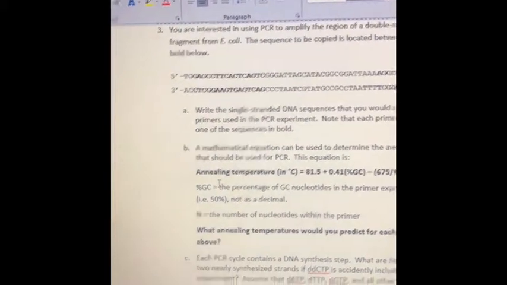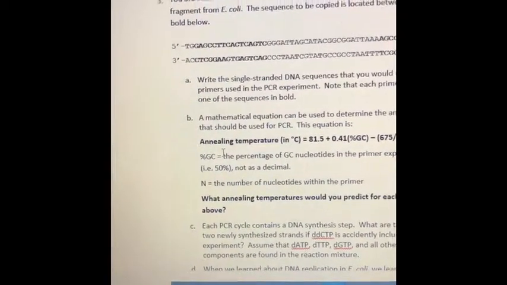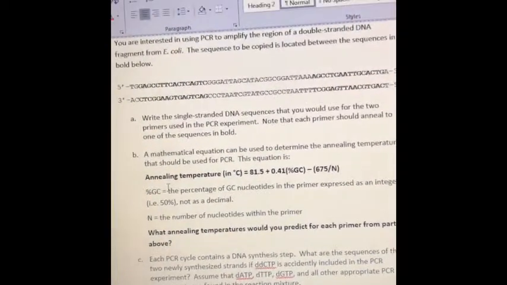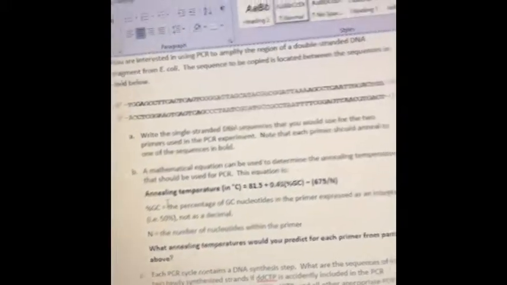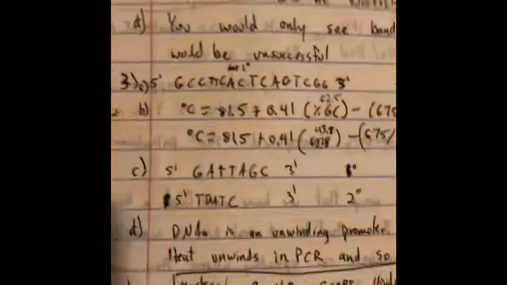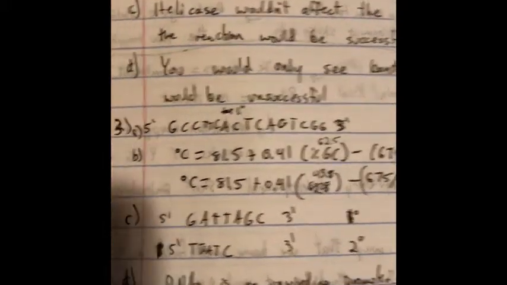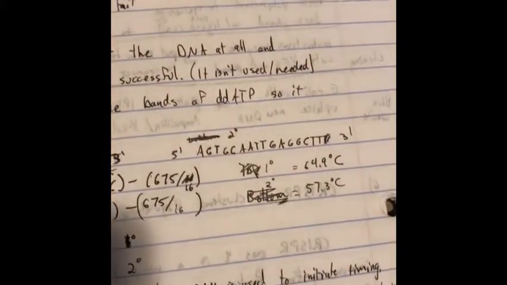And so we need to write the single-stranded DNA sequences that we would use for the primers. My primers I used right there, GCC, TTCA, and I labeled 5' to 3'.